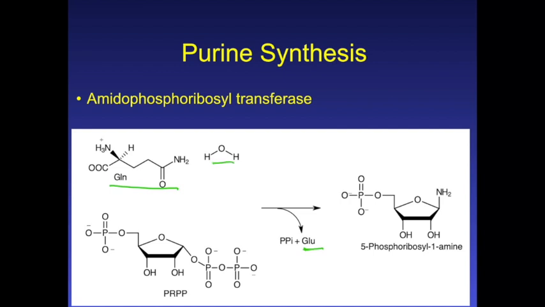Effectively, the water and the glutamine react first, and what we're going to get is an amine coming off, or basically ammonia attacking. Okay? And so this is a way in which this ammonia is being carried by the glutamine to be used.